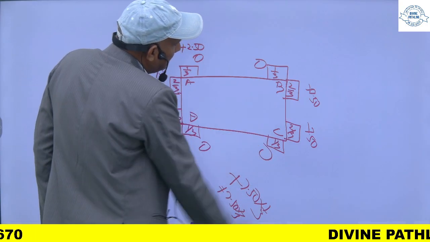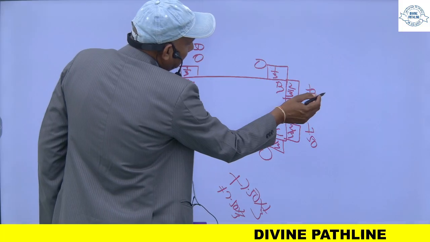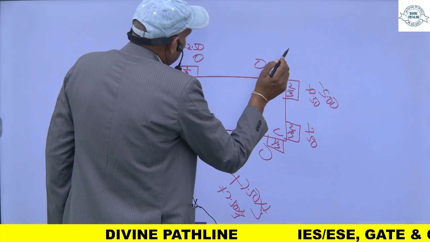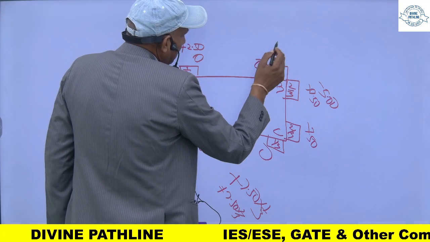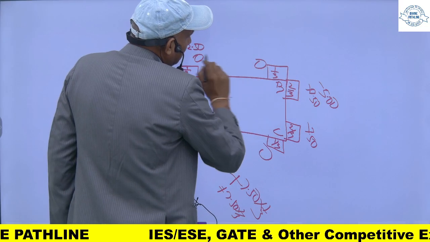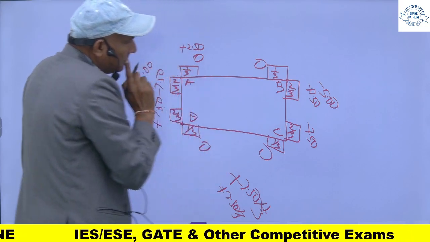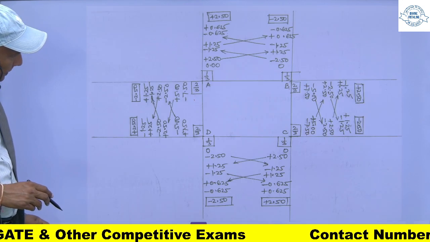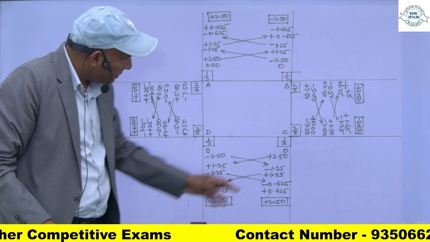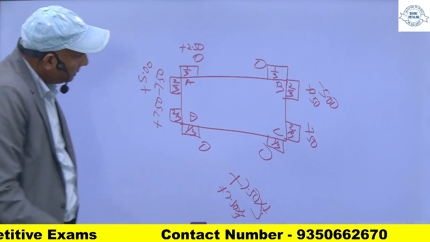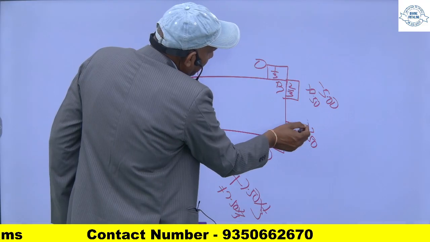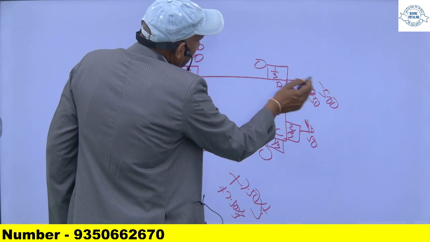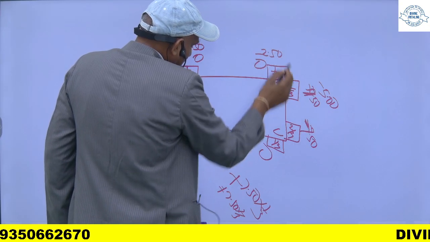This is plus, this is minus, so it will be minus 5 or minus 2.50.